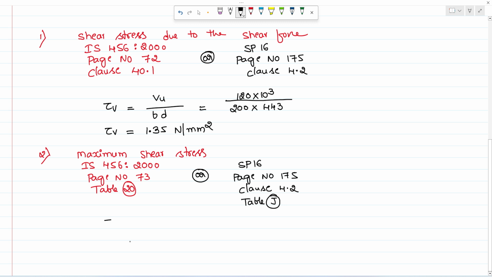So tau c max equals 3.1 Newton per mm square. So this is for M25 grade of concrete. Okay.